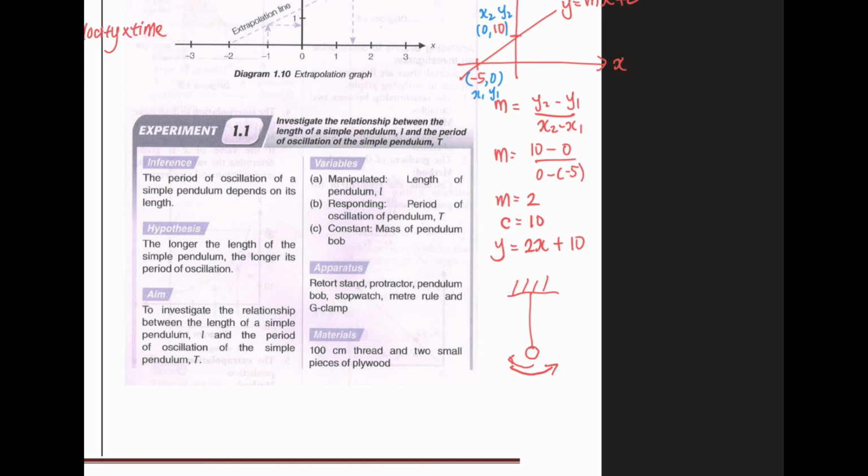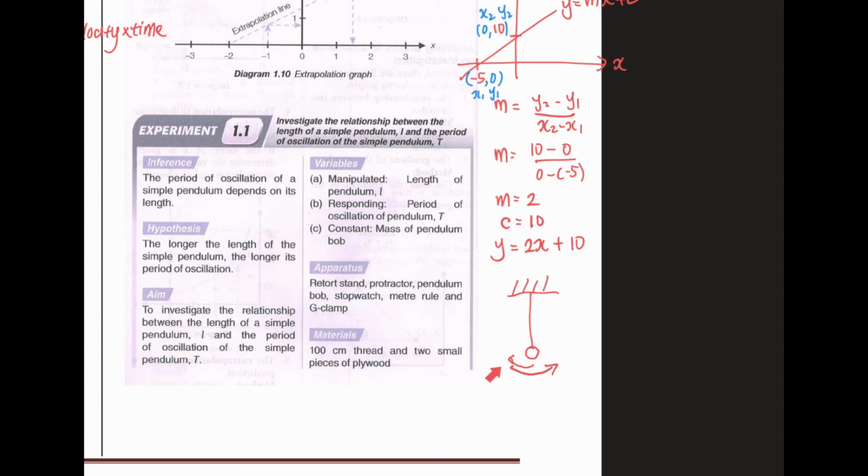So what is meant by period? Period is the time span. For example, when the bob reaches here until here, then comes back here, the time span from the starting point going back to the same point will be the period. So we want to see the relationship between the length of this pendulum, or the length of this string, with the period.